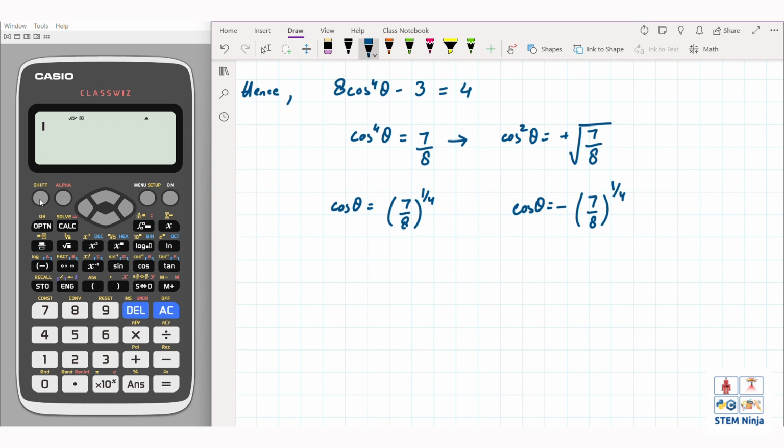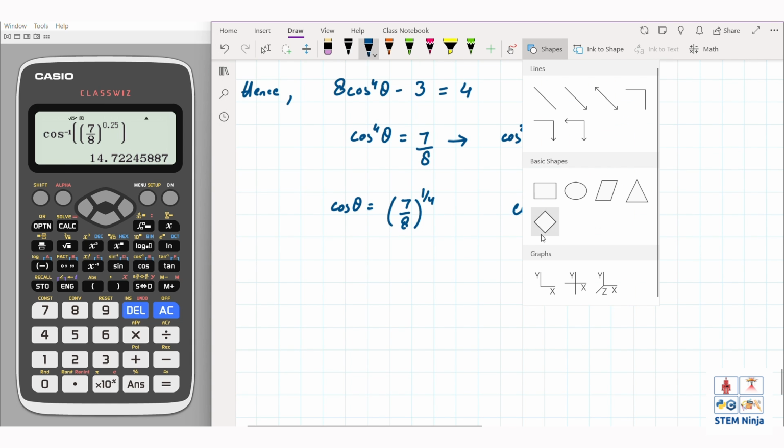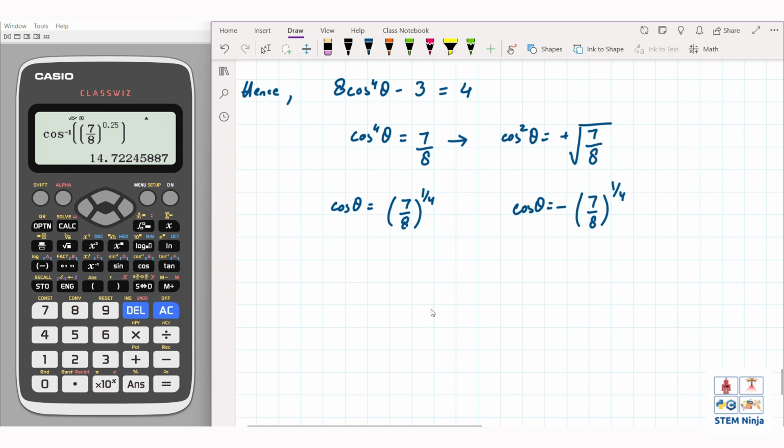So cos inverse of 7 over 8 raised to power 1 over 4, 0.25. We get this. So using the cos diagram, cosine is positive in the first and the fourth quadrant.